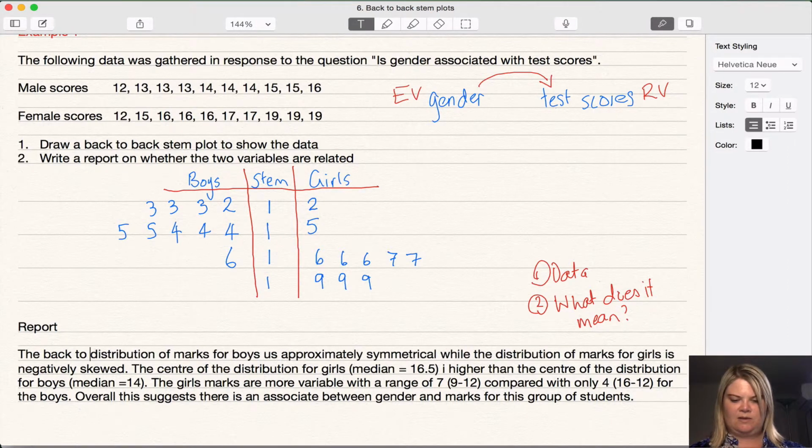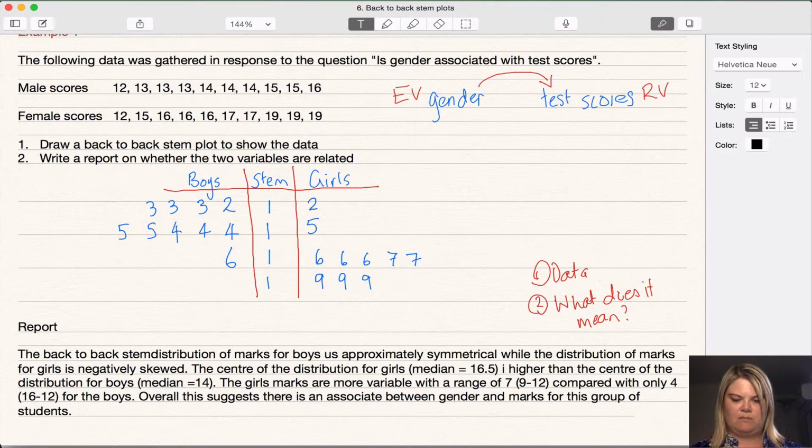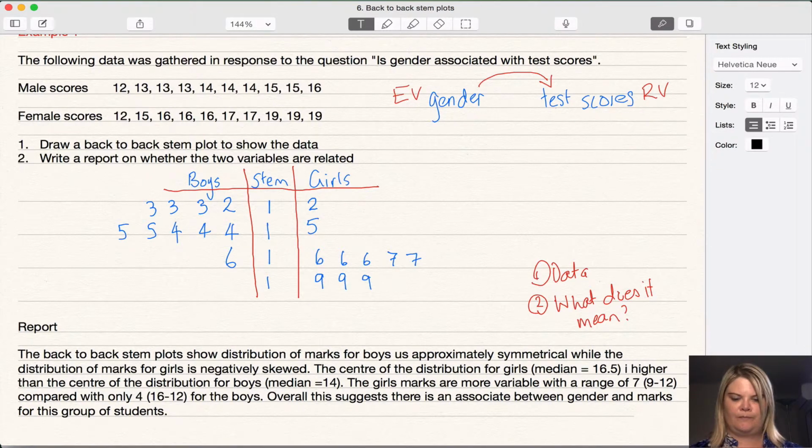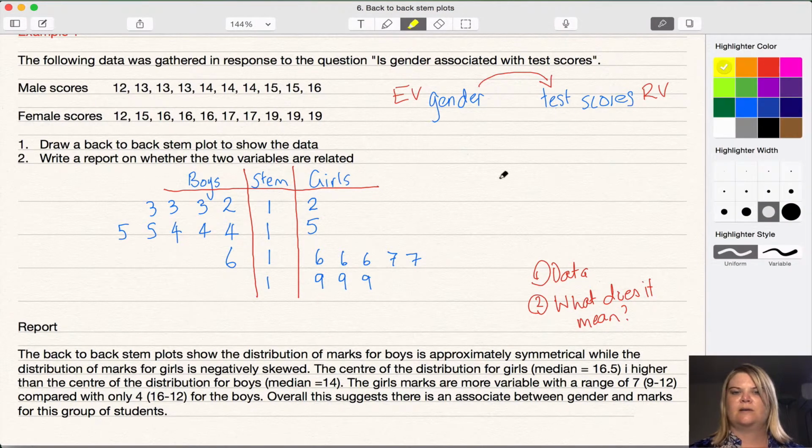The back-to-back stem plots show the distribution of marks for boys is approximately symmetrical, while the distribution of marks for girls is negatively skewed. So this is close to symmetrical, this one here is negatively skewed.